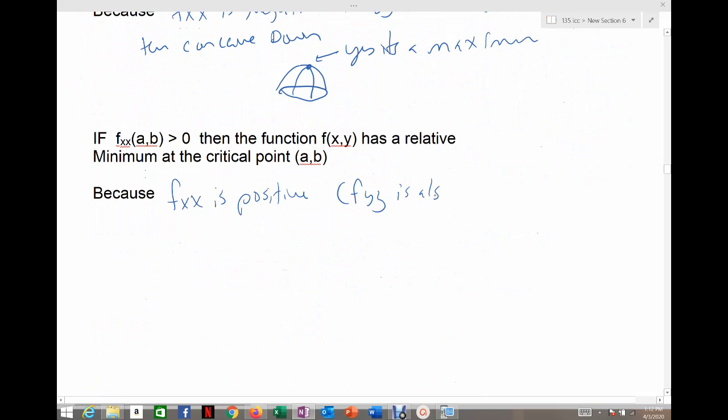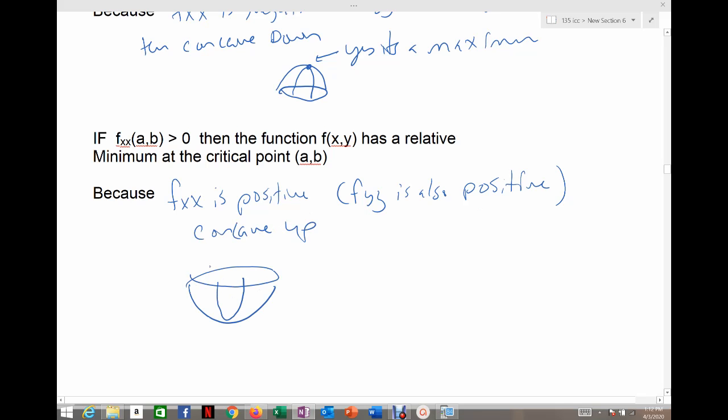That's what the D test is telling me: they're both moving in the same direction. So it's concave up in both directions, concave up in the x direction and concave up in the y direction. That means it has to have a bowl-like shape, and so yes, it's a minimum.